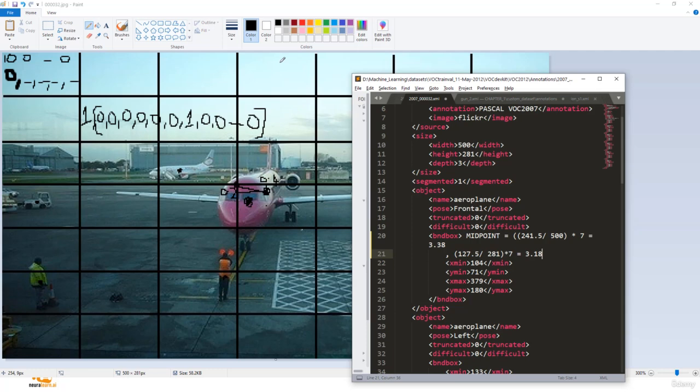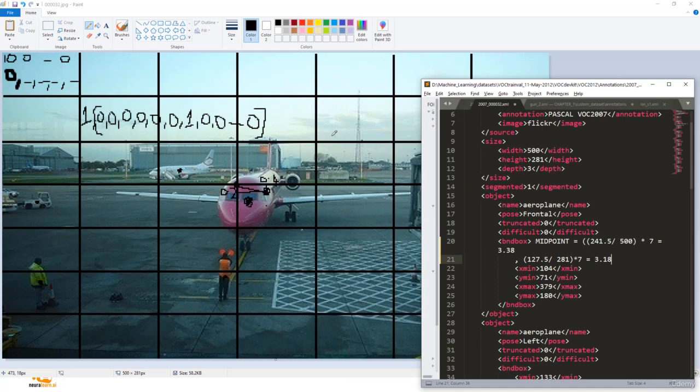So we have 1, 2, 3.2 or 3.18. But then we're not interested in getting this with respect to this origin, but with respect to this origin. So we have to subtract the 3's we have. So we have -3, and then this -3. It gives us now 0.38, and right here 0.18. So we have this 0.18.